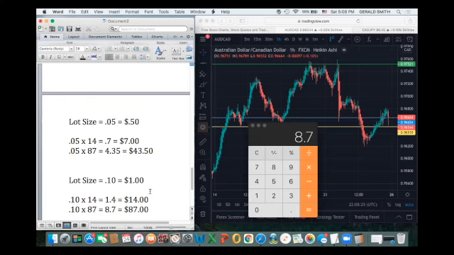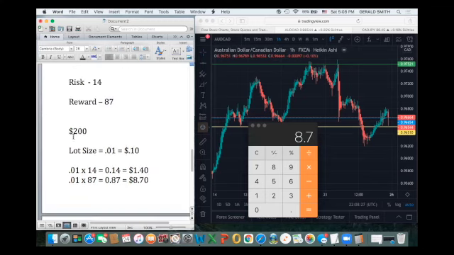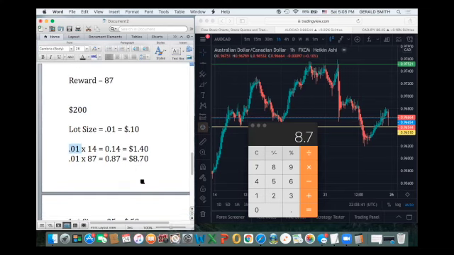Remember, you have only a $200 account. So now you've got to figure out, is this lot size worth it? With 0.01, you're risking $1.40 to get $8.70.